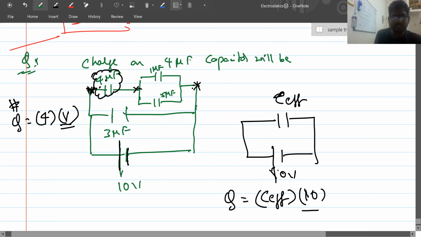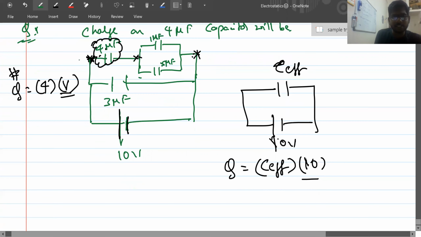Suppose if there is a Q charge here, the same Q charge will be distributed to this 1 microfarad, 5 microfarad together. So now let us try to find out what is the charge in this line. Then we'll be able to find out what is the charge in this entire 4 microfarad capacitor.